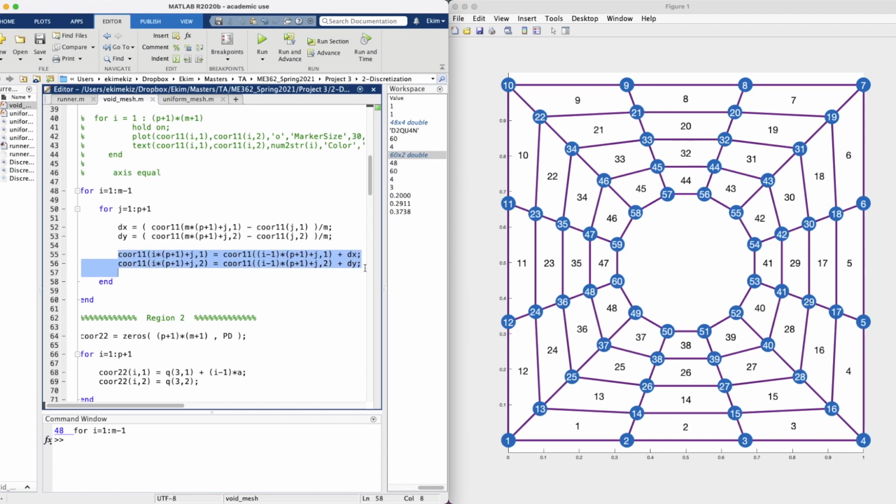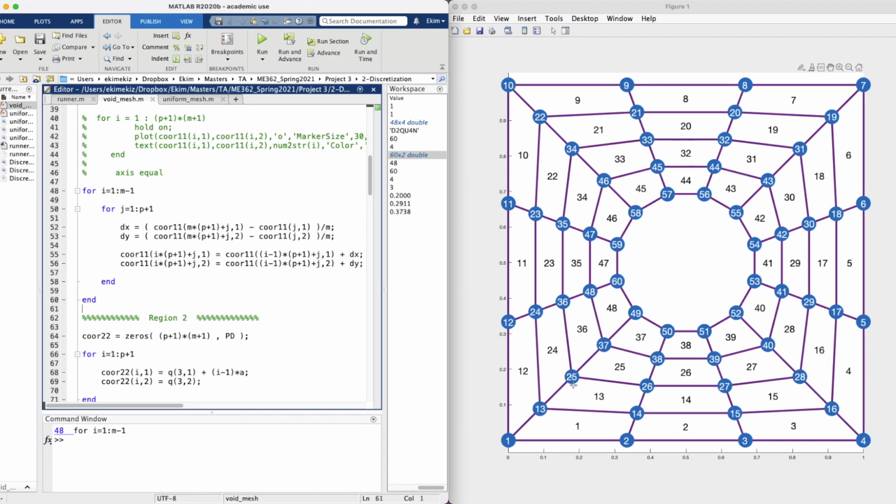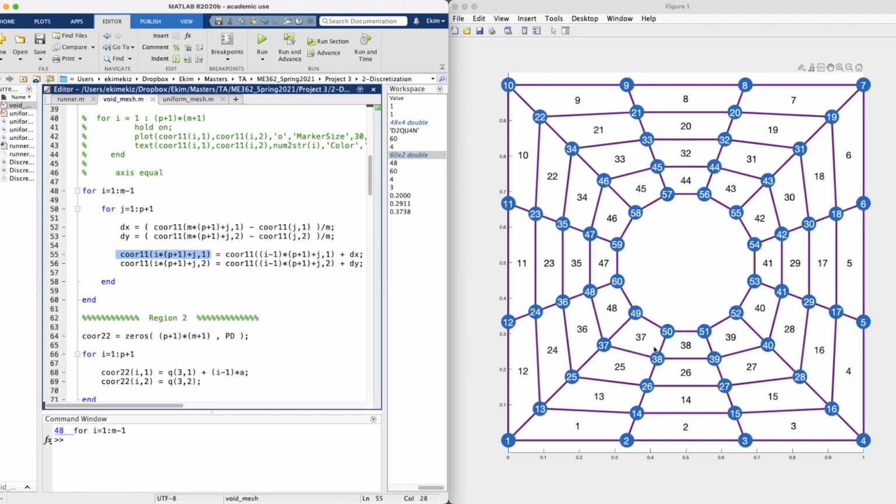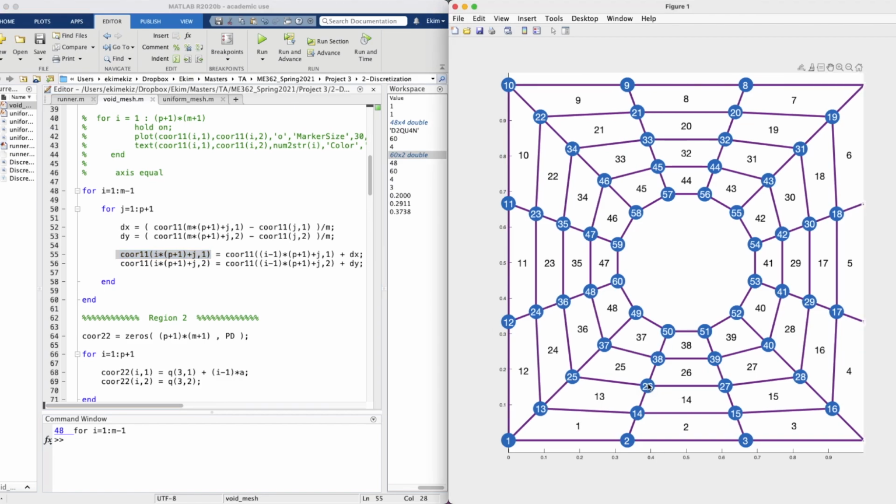So these two lines let you check the previous line of the same node, so the corresponding node on the previous line. So if this is this node, so this should be i equals 2, j equals 2, right?